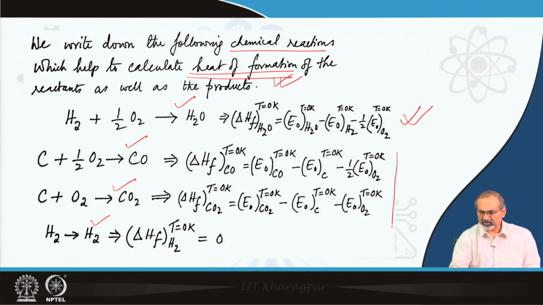For carbon monoxide and carbon dioxide, this is how it is done. Again, products with positive sign and reactants with negative sign, with the stoichiometric mole numbers to be associated with 0 point energy of each species on a per mole basis. That is how the calculations take place. Only for molecular hydrogen there is an exception, the delta HF happens to be 0.